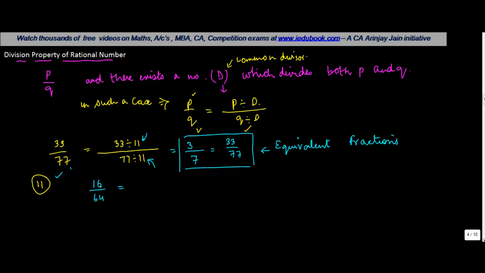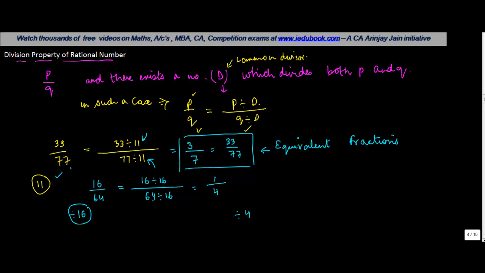Now if you notice, 16 and 64, both of them are divisible by 16 and both of them are also divisible by 4, right? So if you divide 16 by 16 and you also divide 64 by 16, 16 divided by 16 will give you 1, 64 divided by 16 will give you 4, right?